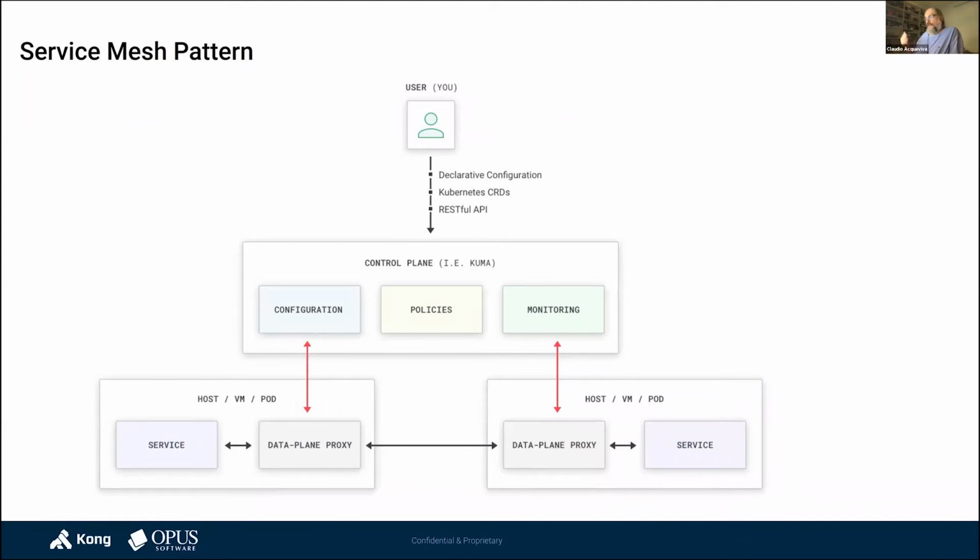Again, load balancing, encrypted channels, service discovery, and so on and so forth. That's the proxy. They're part of one of the sublayers of the service mesh pattern. We call it the data plane. So data plane, in other words, is a collection of the proxies you have in your microservices architecture.